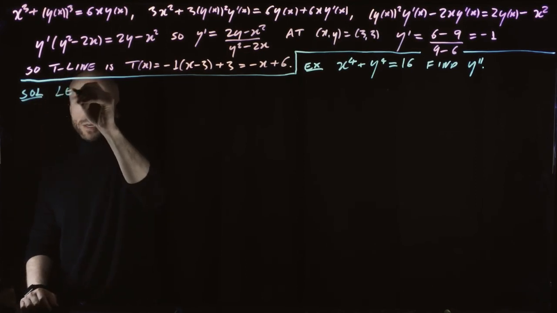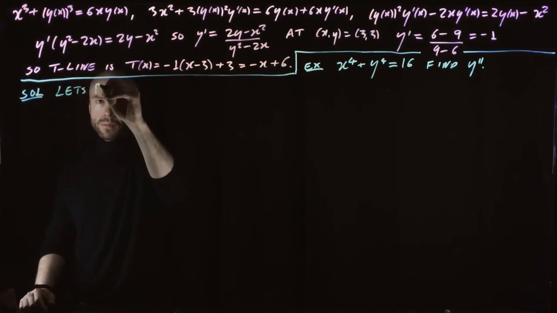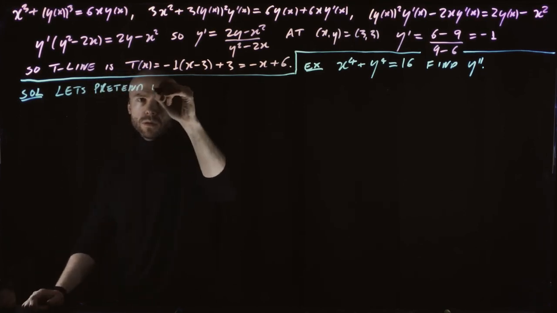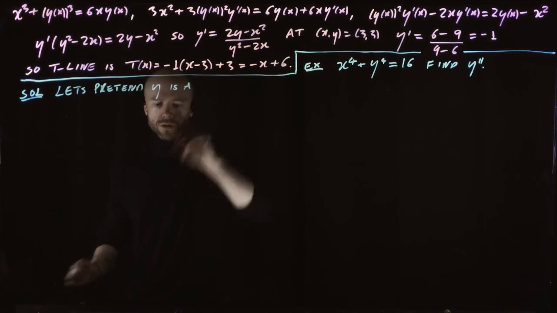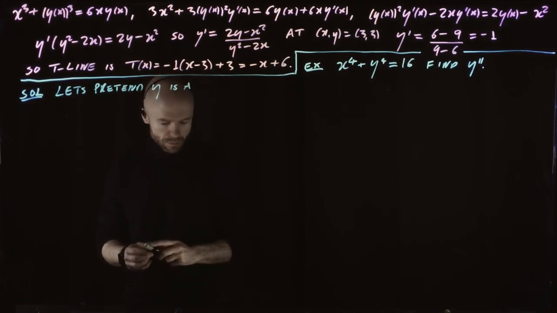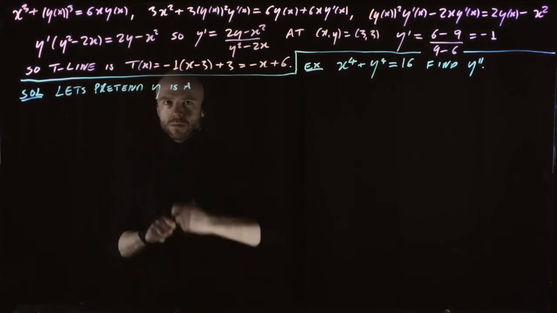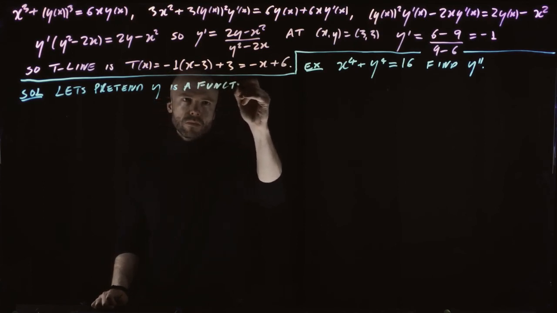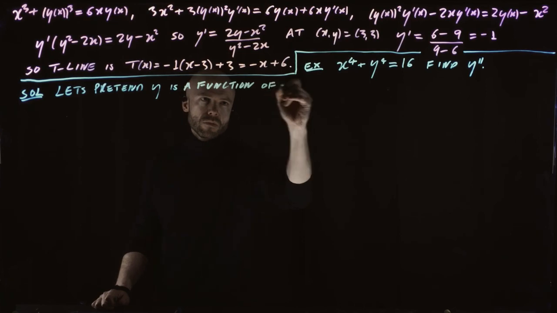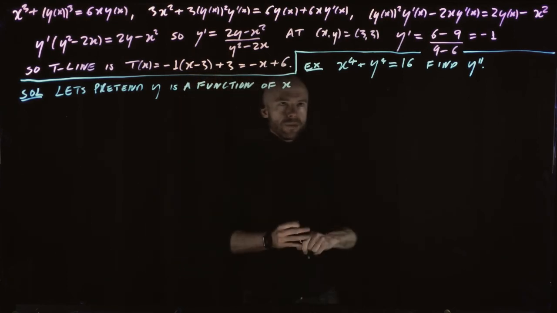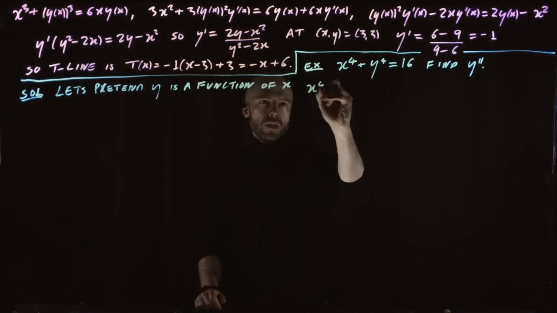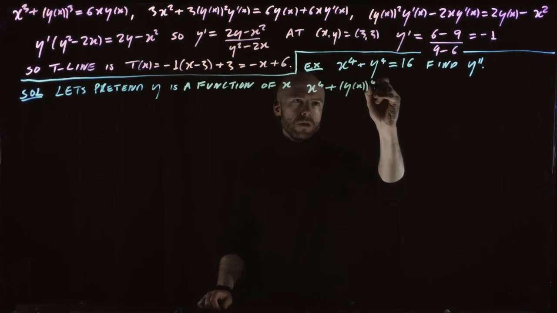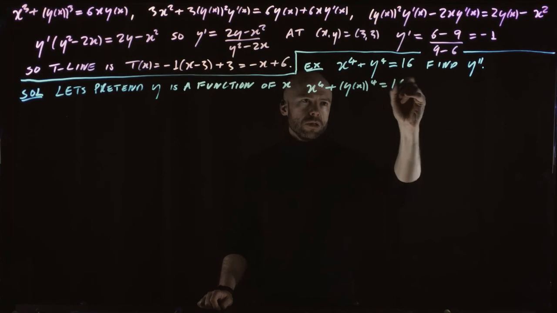Let's pretend, so write this all the time, y is a function of x. And then we have x to the 4 plus y of x to the 4 is equal to 16.